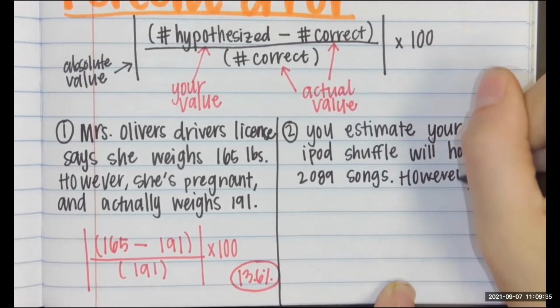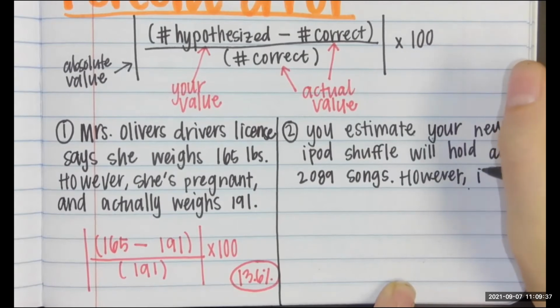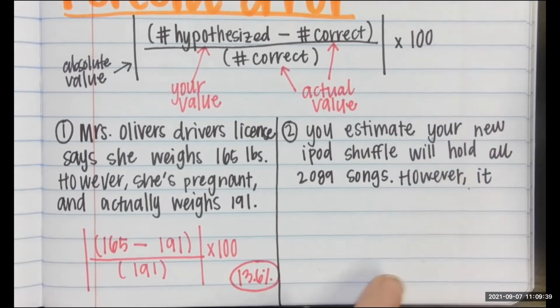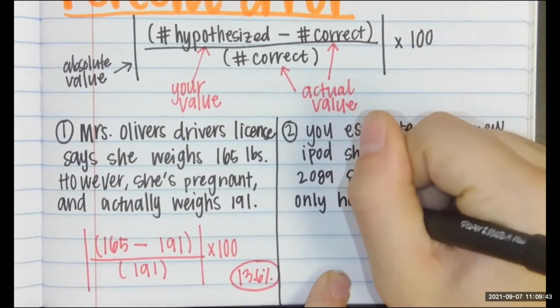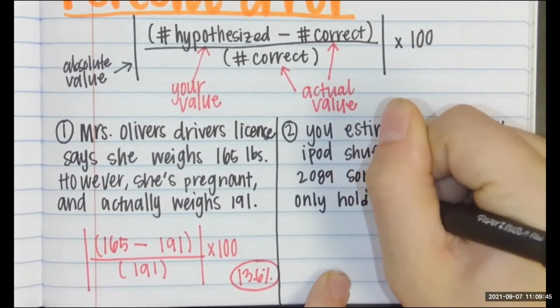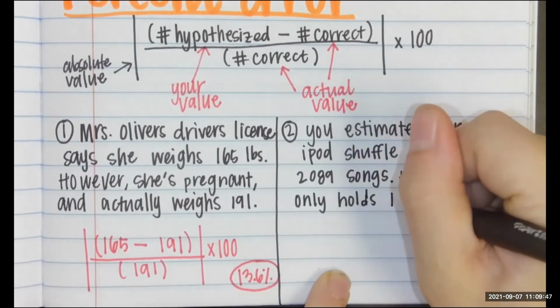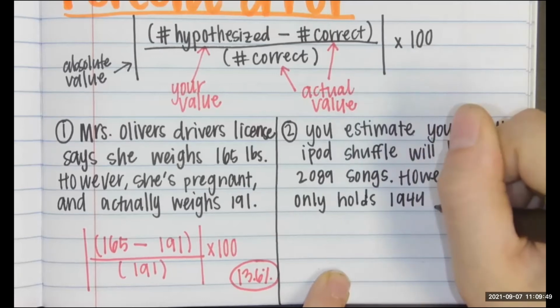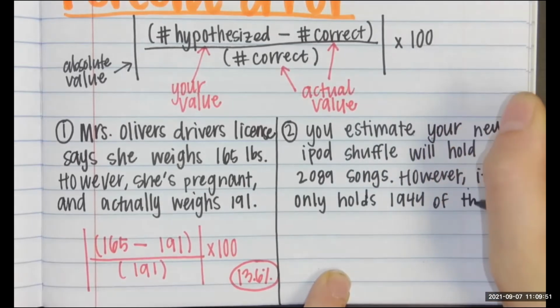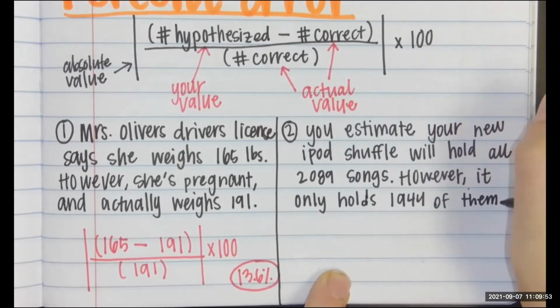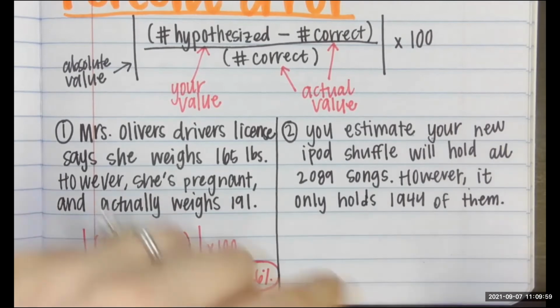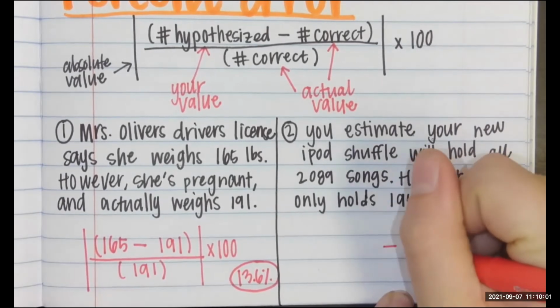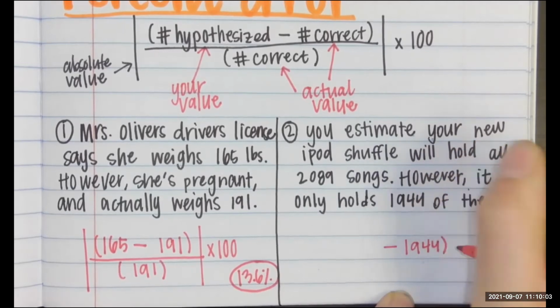However, when you tried to put them on the MP3 player, it only holds 1,944 of them. Probably because you had some really long soundtracks or something that took up a lot of space. So in actuality, it only held 1,944.